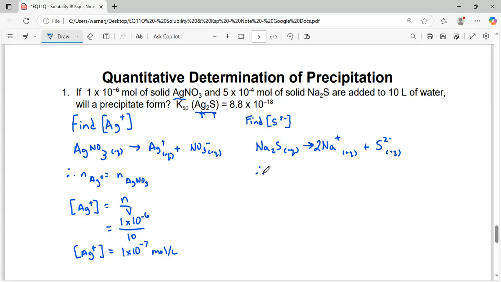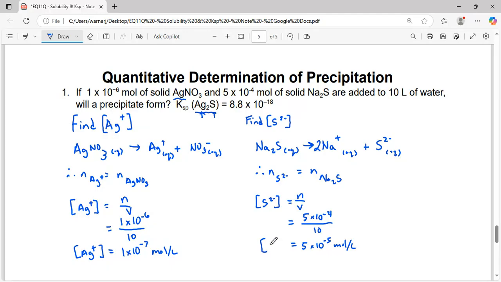I know the ratio is 1-to-1 between sodium sulfide and the sulfide ion. So the number of moles of sulfide ions has to equal the number of moles of Na2S. Then I can find the sulfide ion concentration by just doing n over V again. So this is 5 times 10 to the negative 4, divided by 10. So that's just going to be 5 times 10 to the negative 5 moles per liter.